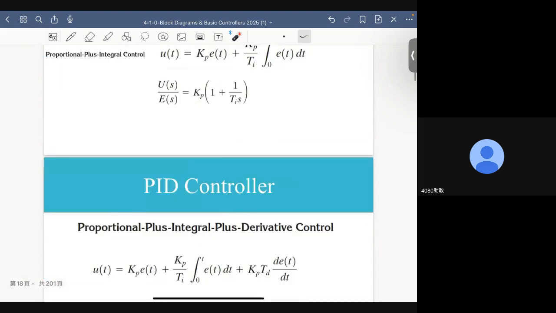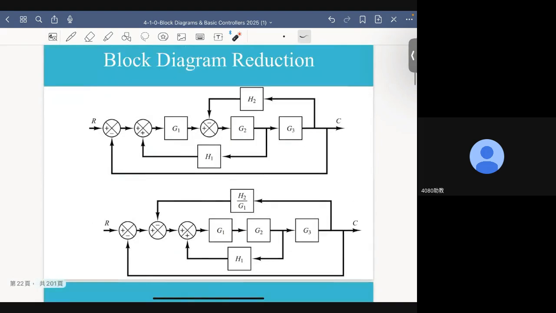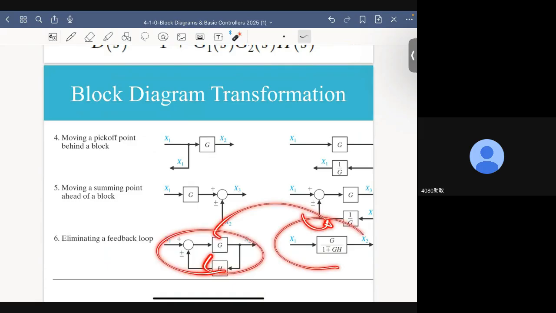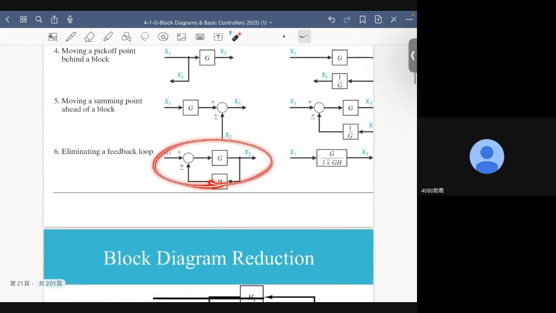So the first thing you need to know is that to find this transfer function, we will use block diagram transformation techniques. To go from here to here, we need to make sure of 2 things. This is a feedback loop control system, right?